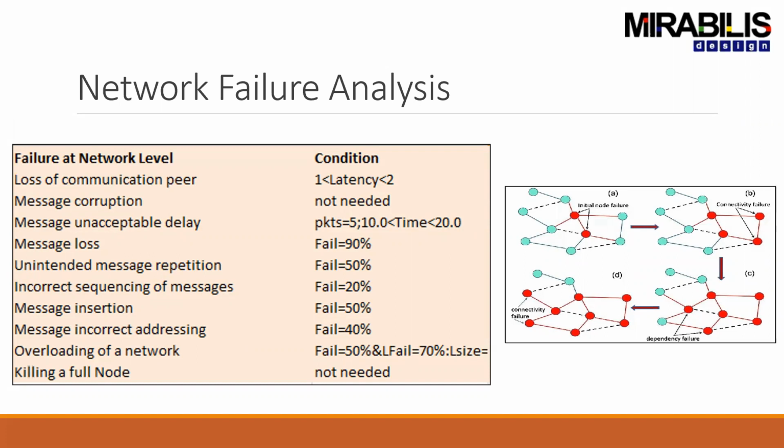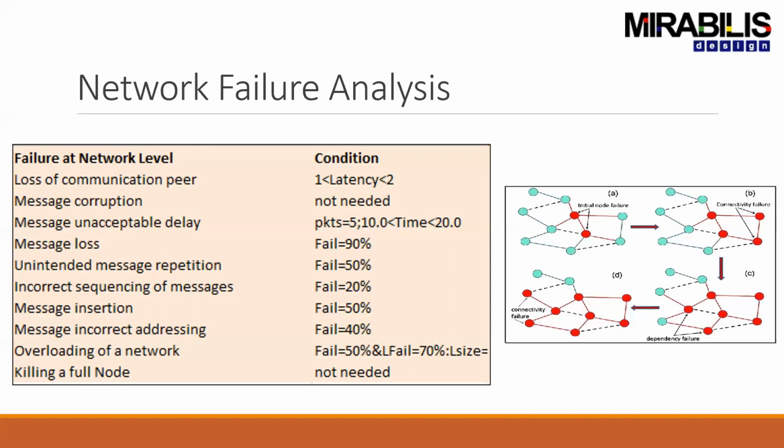But here, when you have Ethernet, you can have a variety of failures. It can be a node failure, a connection failure, there could be dependencies, there could be connectivity issues, a whole lot of failures. I just listed common ones that are supported in our environment.